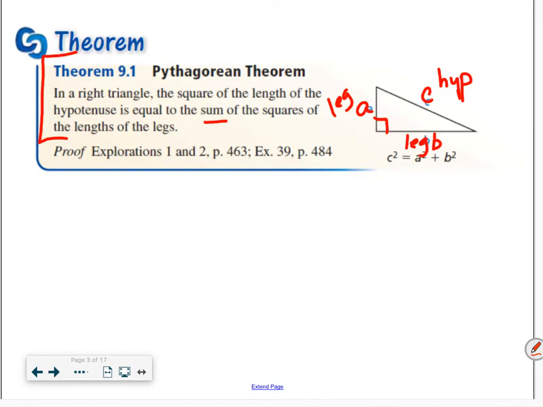So in our right triangle, we have leg A and leg B. I always tell kids, you guys are probably more advanced with this, but they make the L for legs, and the hypotenuse is the longest side. And the theorem says a squared plus b squared equals c squared. C is always your hypotenuse or the longest side.